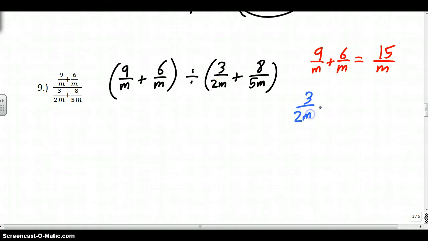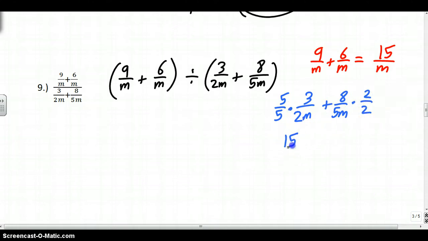Now we just have to do the second one. 3 over 2m plus 8 over 5m. Now, this denominator is 2m, this denominator is 5m, so I'm going to have to multiply this side by 5 over 5, and I'm going to have to multiply this side by 2 over 2, and now they'll be the same.